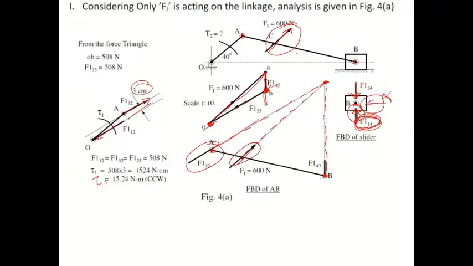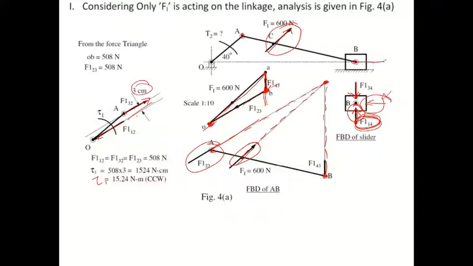You can imagine, why can't we include both inertia forces in the same step and solve the problem like that? You can imagine, but that is not possible. You will get multiple unknowns, then it will become very hard to find the answer. That's why we are separating it like this.